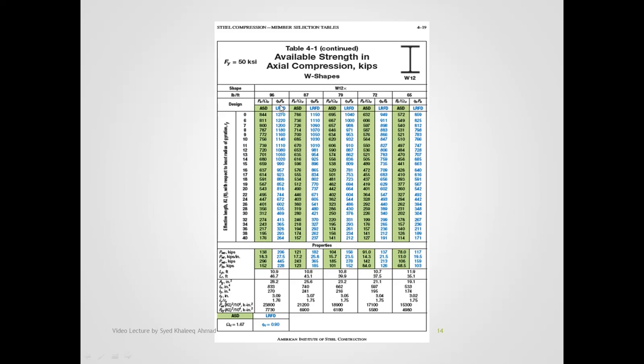Different sections are available, and we have the corresponding values for effective length with reference to the y-axis. At the bottom you can see the value Rx upon Ry is 1.76 here. In this table it is 1.75, 1.75, 1.75. So this is Rx upon Ry.